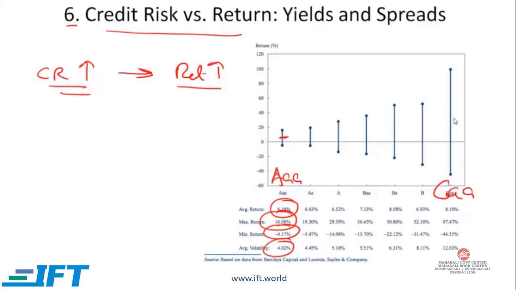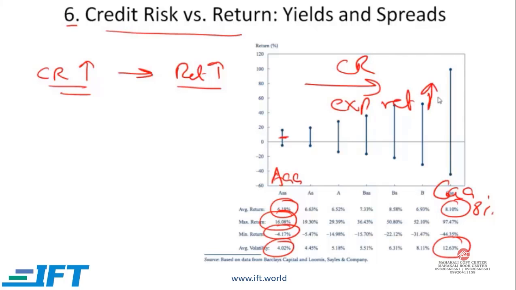So the average return is about 8%. The maximum return 97%, minimum return minus 44%, and average volatility 12.6%. So the point is that as we take on more credit risk, the expected return is also up.